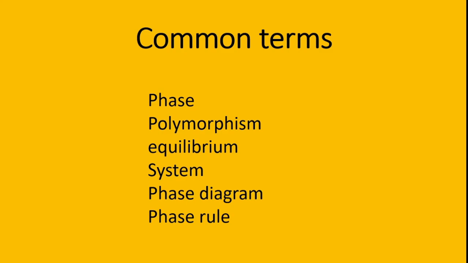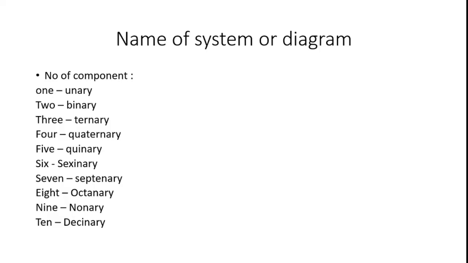And then the names of systems, which is also an important topic, because phase diagrams can be classified into unary diagram, binary diagram. What is meant by unary and binary? Why do we call them unary, binary? Yes, it is the number of components in the study. One component means the study is known as a unary diagram.